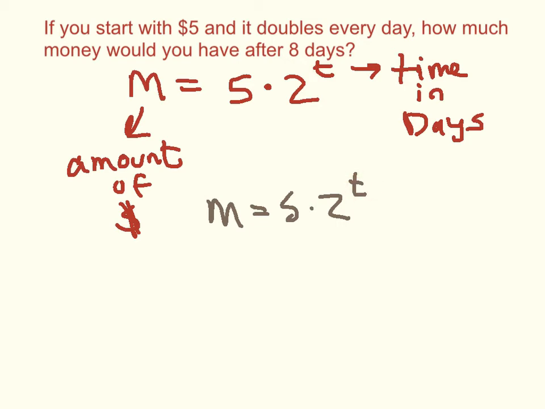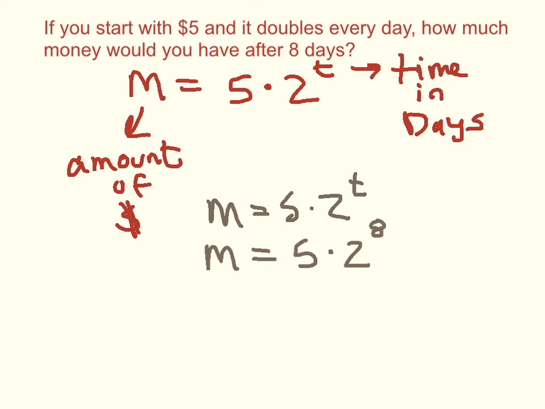So what we're going to do is take M, that's what we're looking for, and instead of plugging in T, I'm raising 2 to the 8th power. So if you pick up your calculator and multiply that out, and I have to use my phone, so give me 1 second.